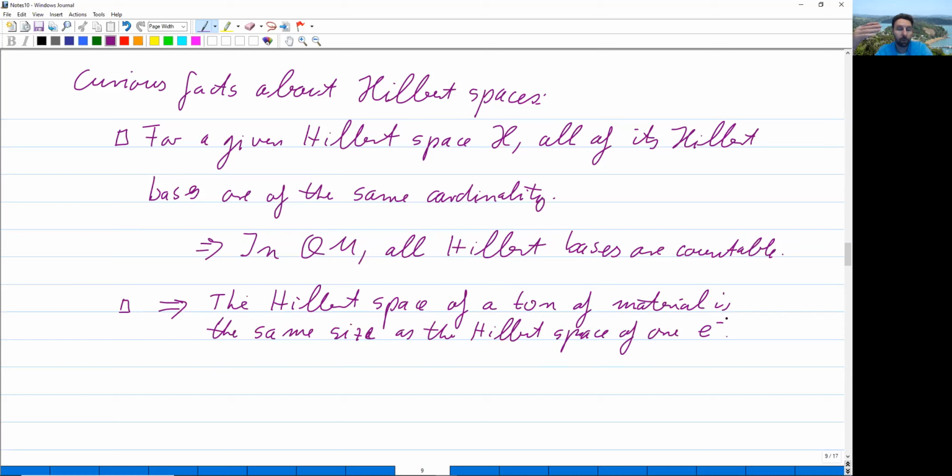Why is that? Well, one electron has a Hilbert space which is countably infinite in size. All of its bases are countably infinite. But the same is true for a gazillion electrons and a gazillion protons and neutrons and all that. So countably infinite is countably infinite.